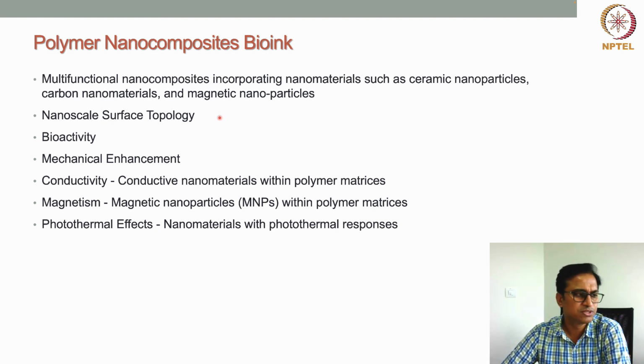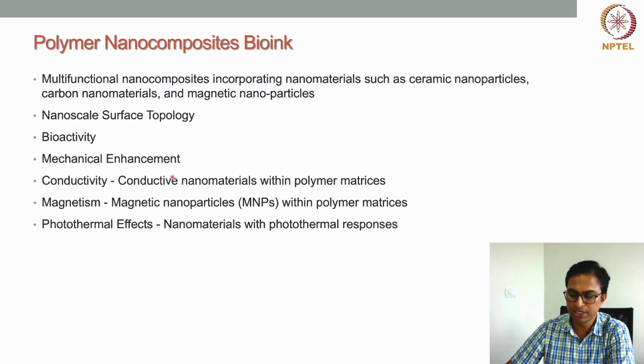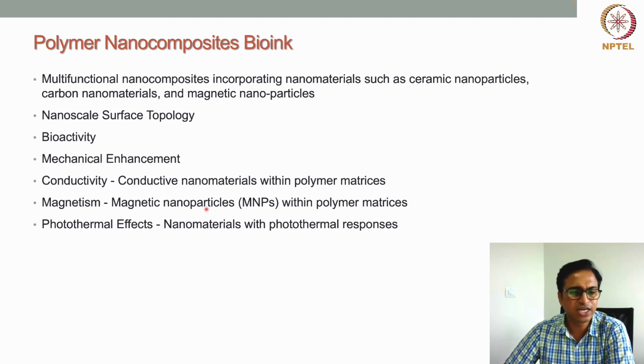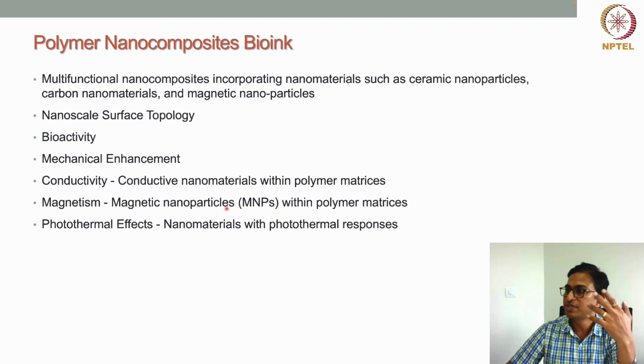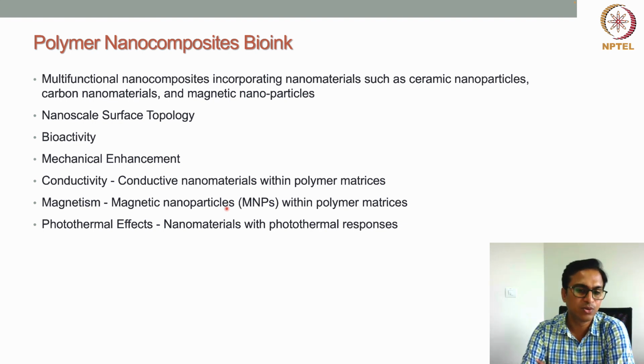Another way to improve the functionality is by incorporating magnetic nanoparticles within polymer matrices. When magnetic nanoparticles are incorporated within the polymer matrix, they make the structure responsive to a magnetic field. When these magnetic nanoparticles are incorporated, they can also be arranged by an external magnet.